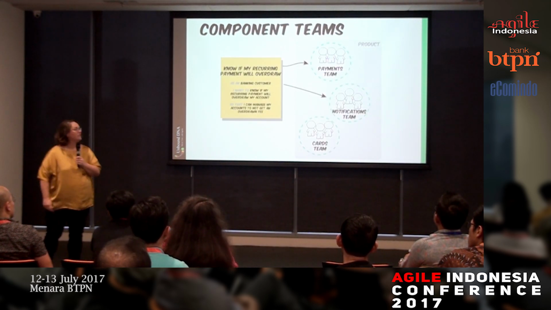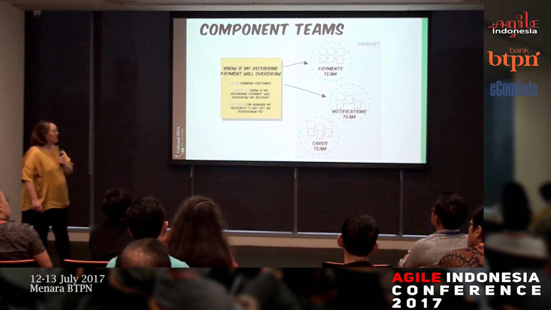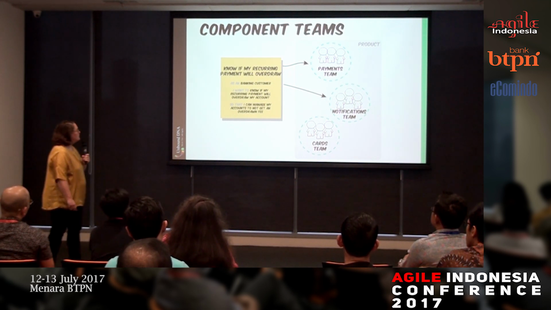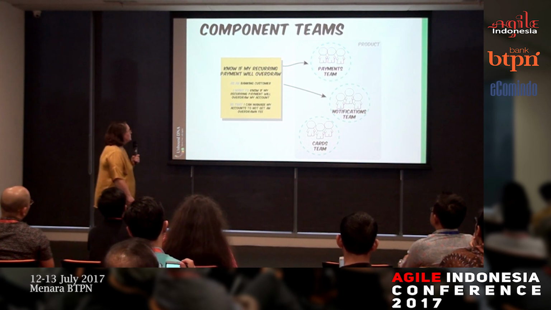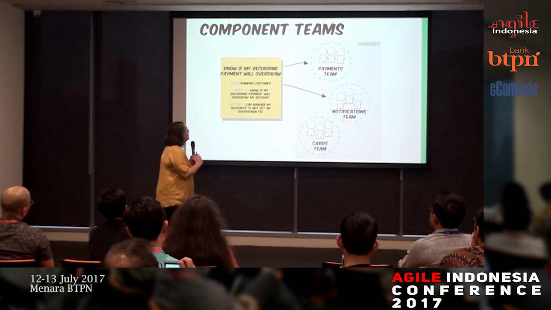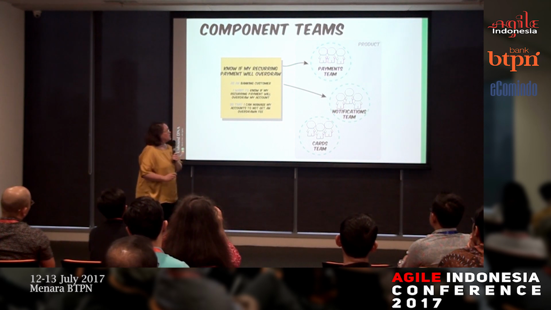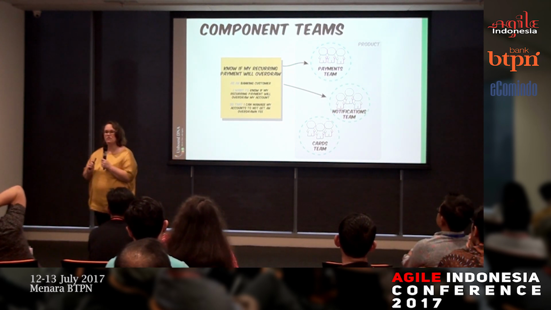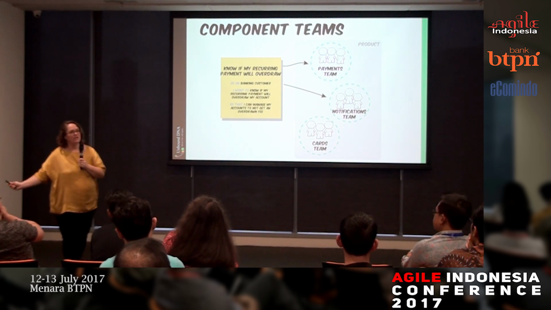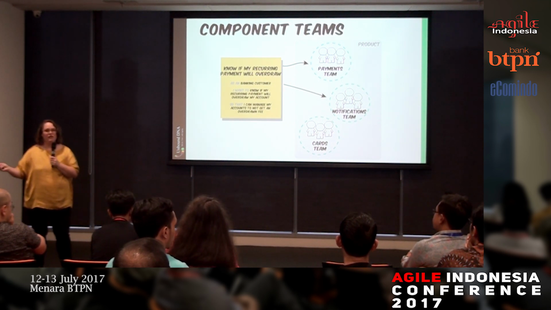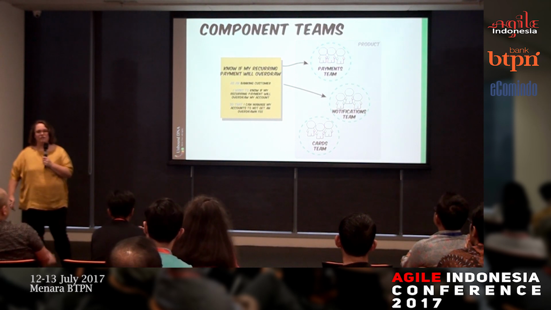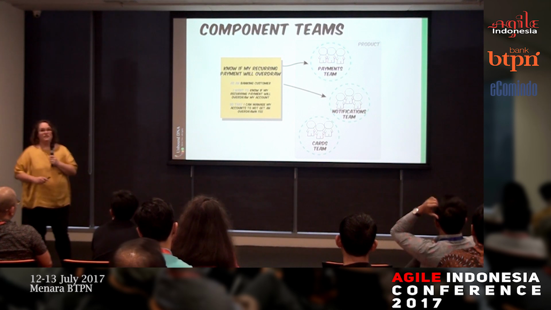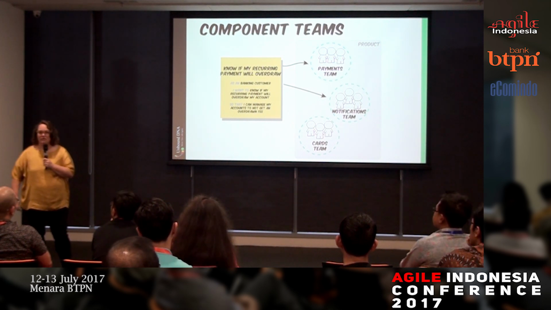So component teams, often misunderstood as feature teams, which they're not. But in this example, where we've got this feature, it's actually going to be going to 2 different teams. So it needs to go to the payment team so they'll actually work out if it's going to overdraw or not. And then it needs to go to the notifications team so I can let them know from a customer perspective that they're going to be overdrawn. This is what Spotify does.